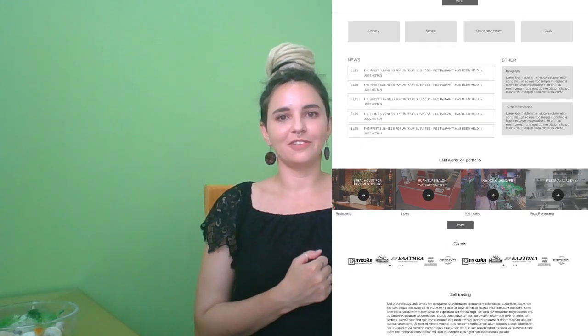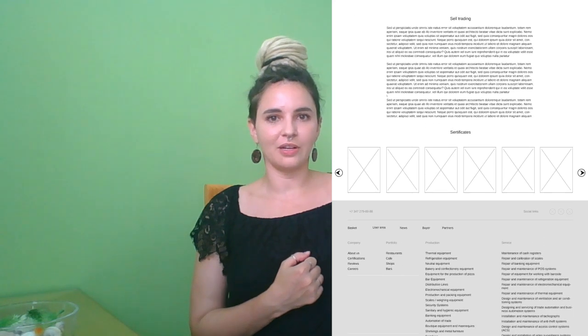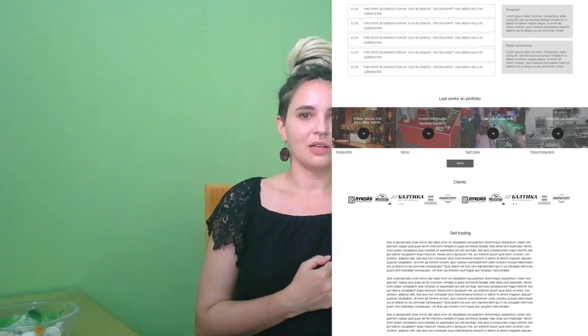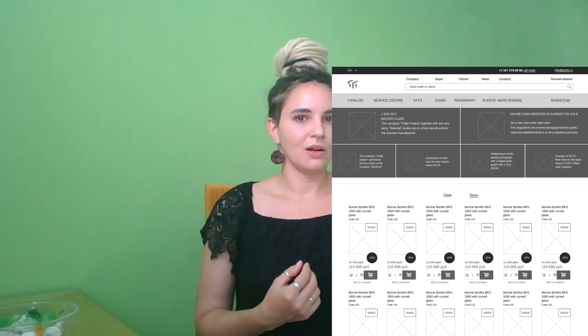Here is a very detailed description of every element of every block, and you can understand the location and hierarchy of blocks.